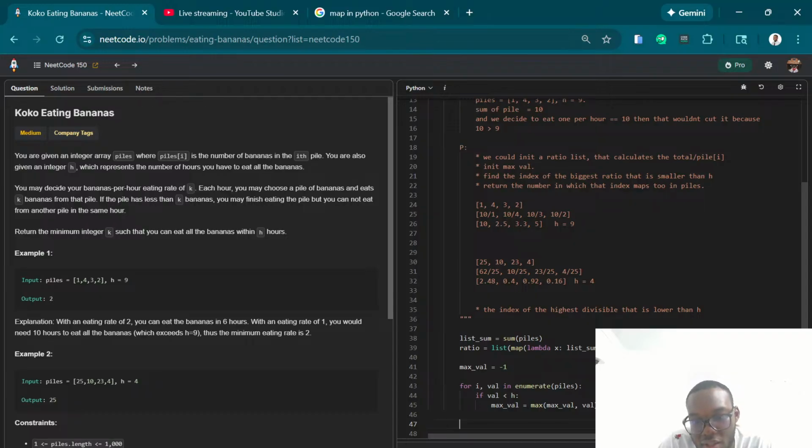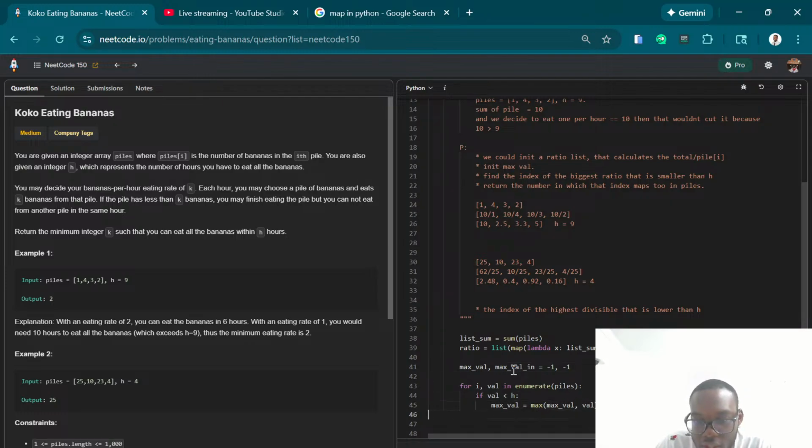Then we need the index of that. So we do max val index, which is going to be, let's go minus 1 here.